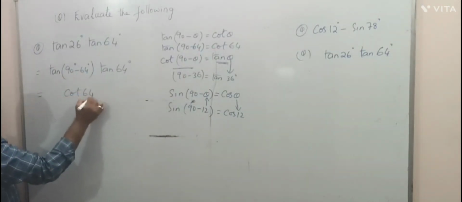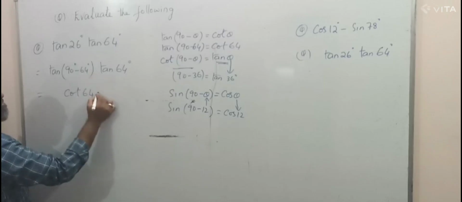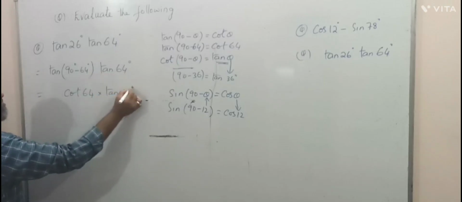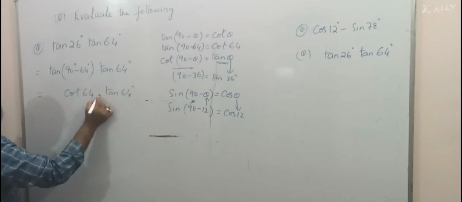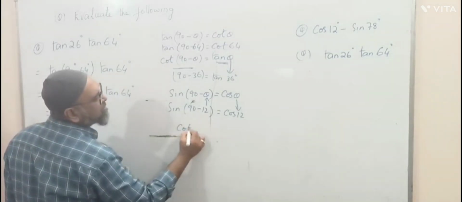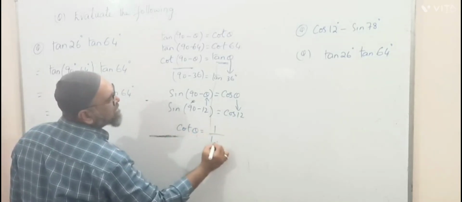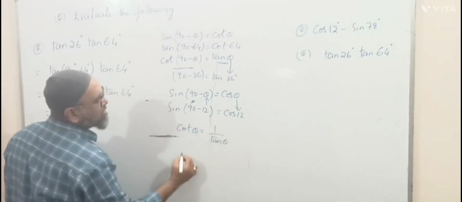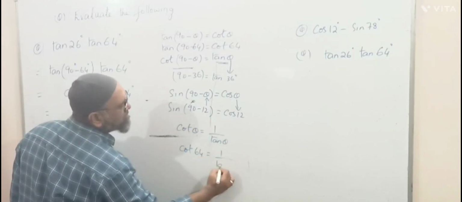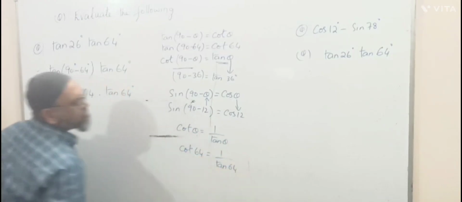So I will change this now. Cot 64 into tan 64. Multiply. Cot theta is equal to, I can write it as 1 by tan theta. So that means cot 64, I can write it as 1 by tan 64.